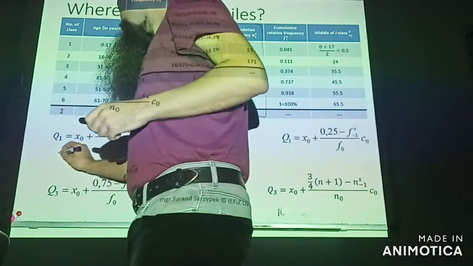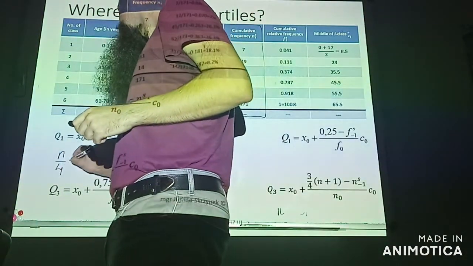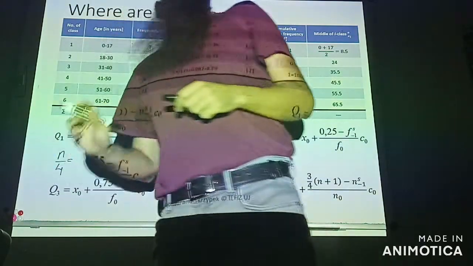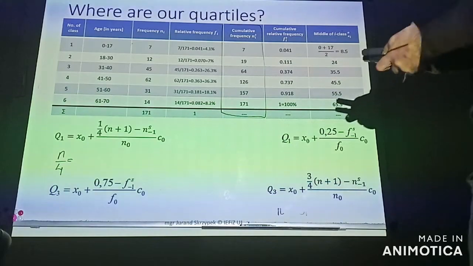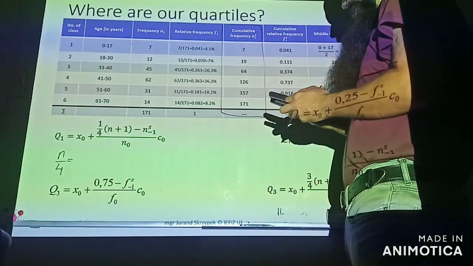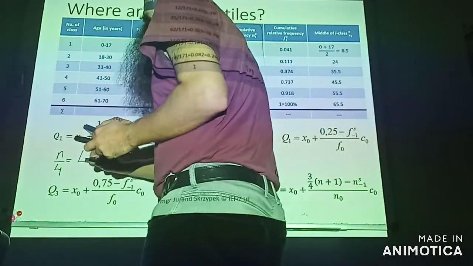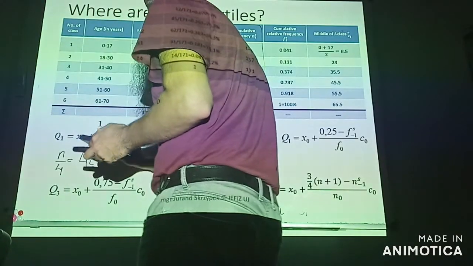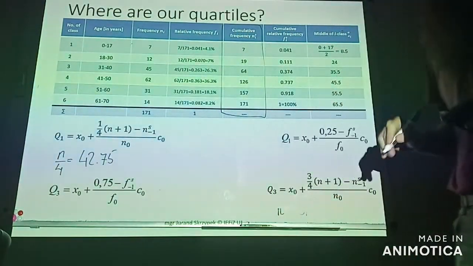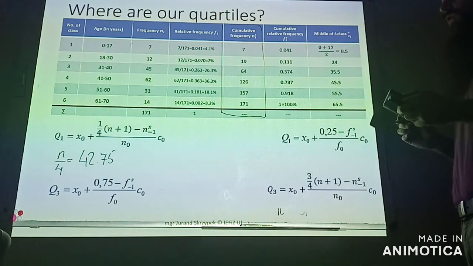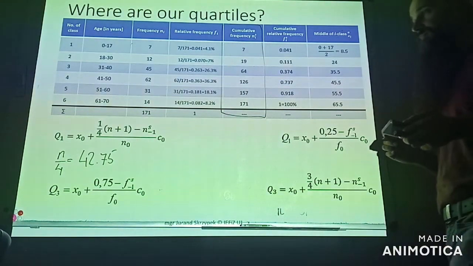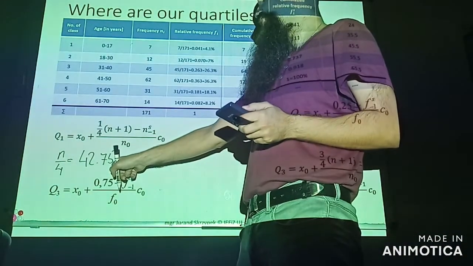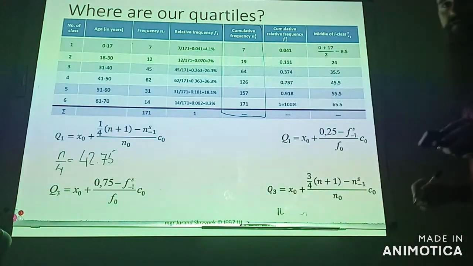A quarter of the population, 25% of the population, in our example, is 171 divided by 4, 42.75. So, we are looking for the class in which cumulative frequency exceeds 42.75 for the first time.